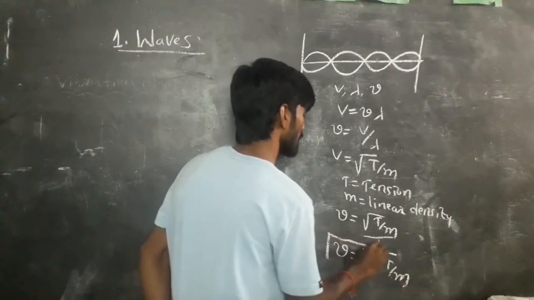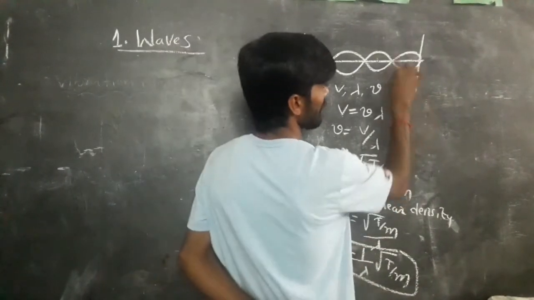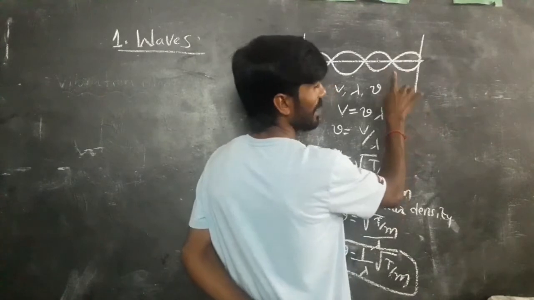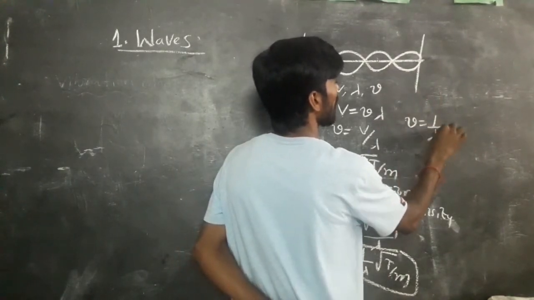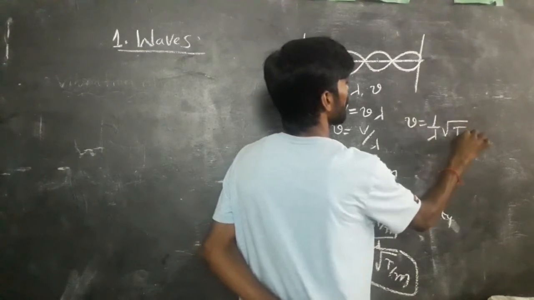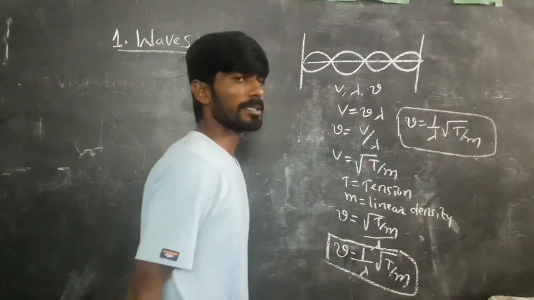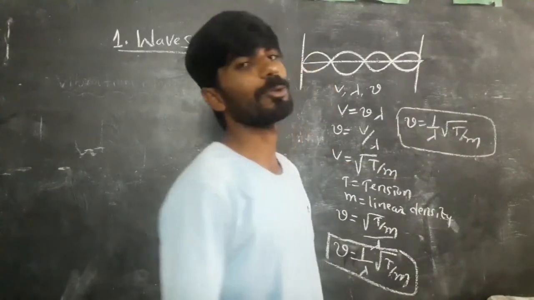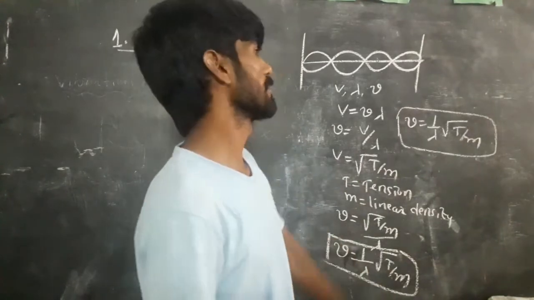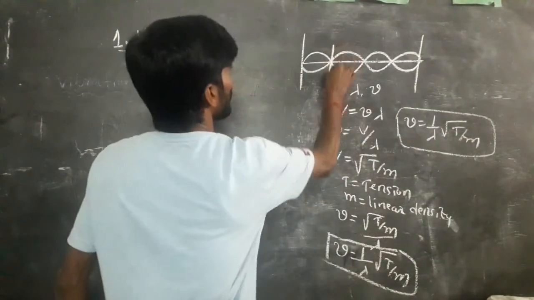This is the general equation for frequency in a stretched string wire. Now I am using this stretched string frequency equation, and I am selecting only one loop.